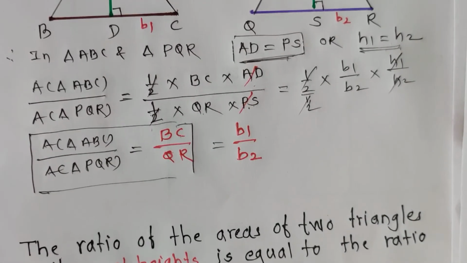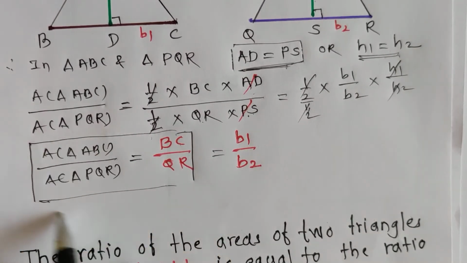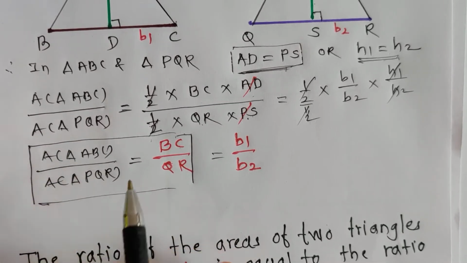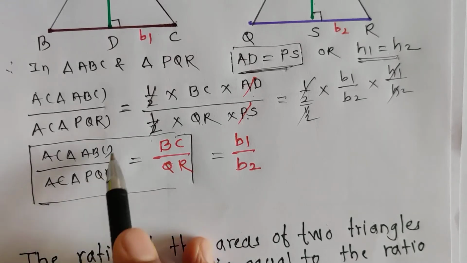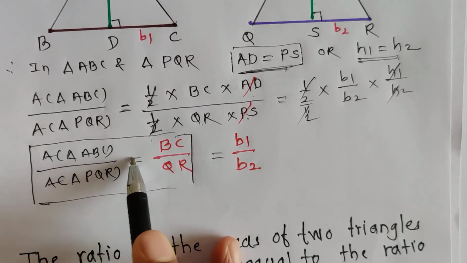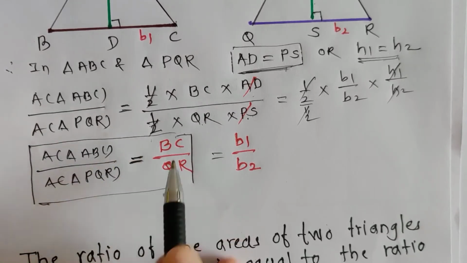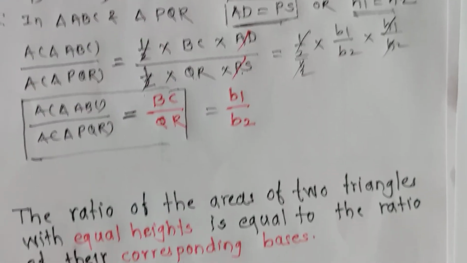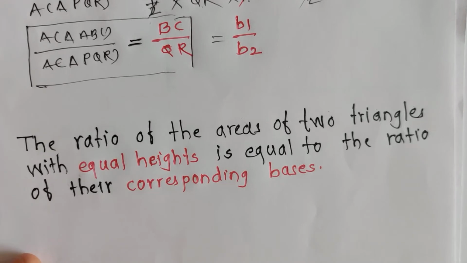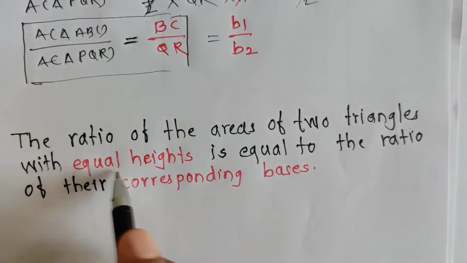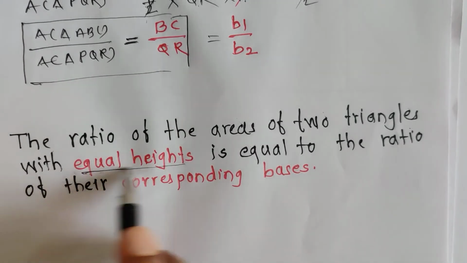So what is our second property? Here the left hand side is the ratio of areas of two triangles with equal height. The ratio of areas of two triangles with equal heights is equal to the ratio of their corresponding bases. So in this way we can write the second property. This is important.